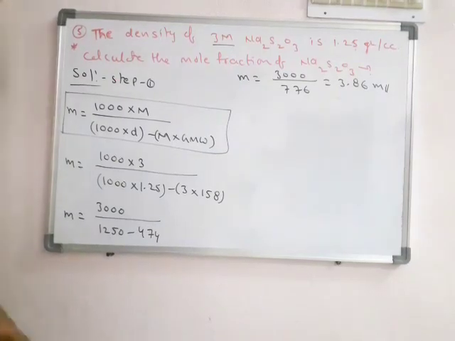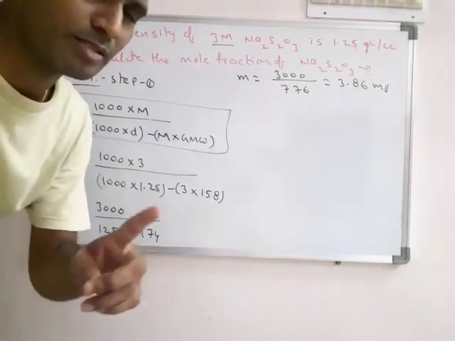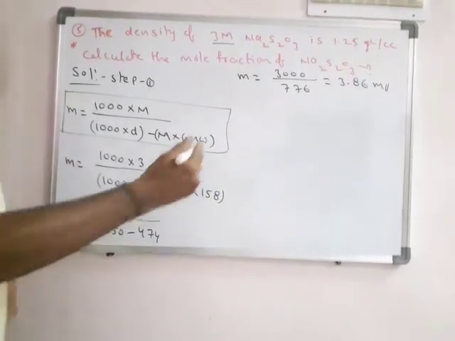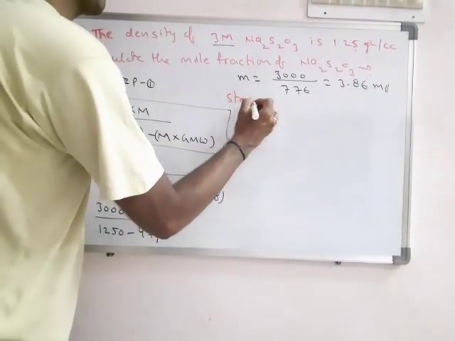Molality, same way, maybe I think I gave it in the molality worksheet. Till now it is common. So after molality, in step 2 we have to calculate the mole fraction.